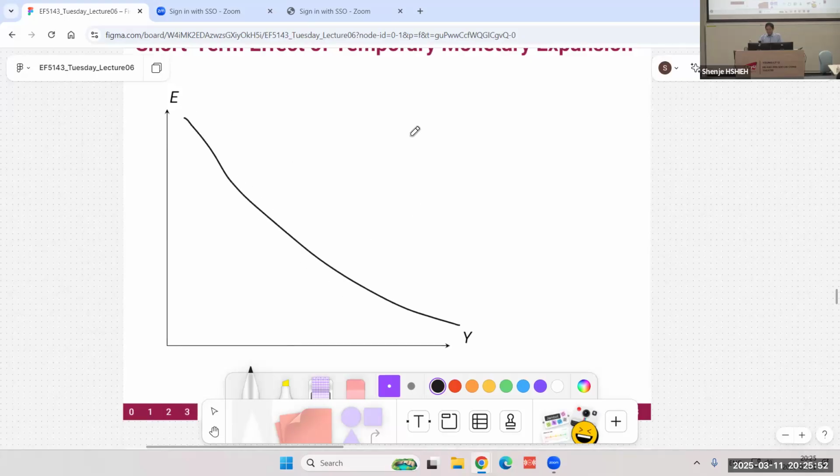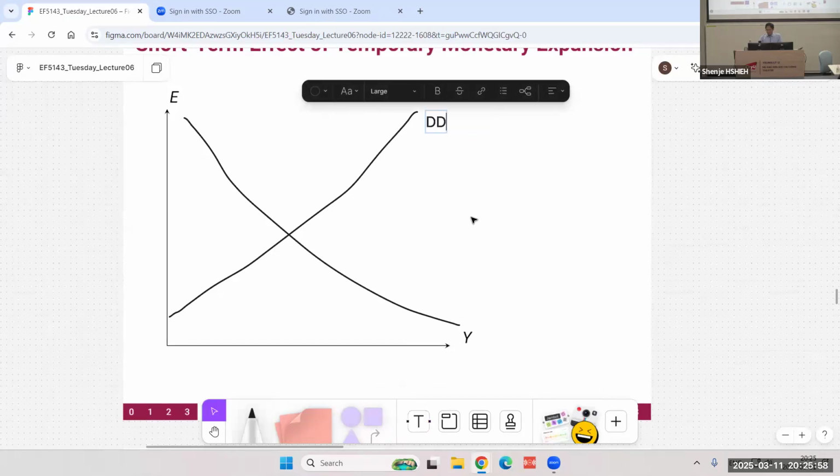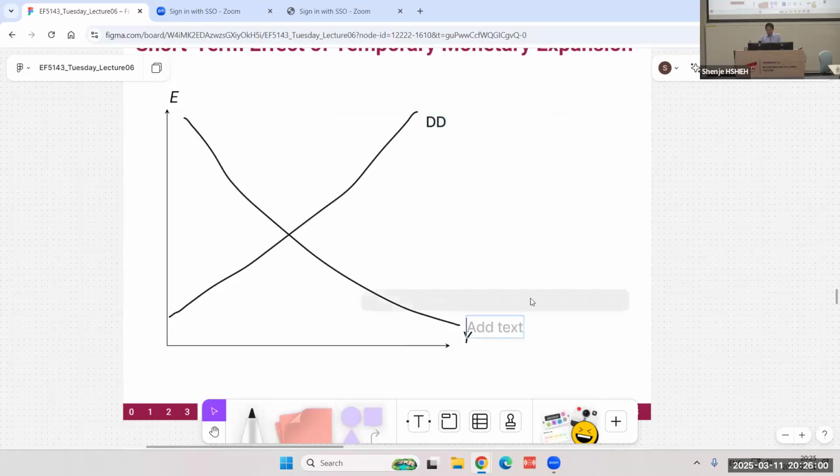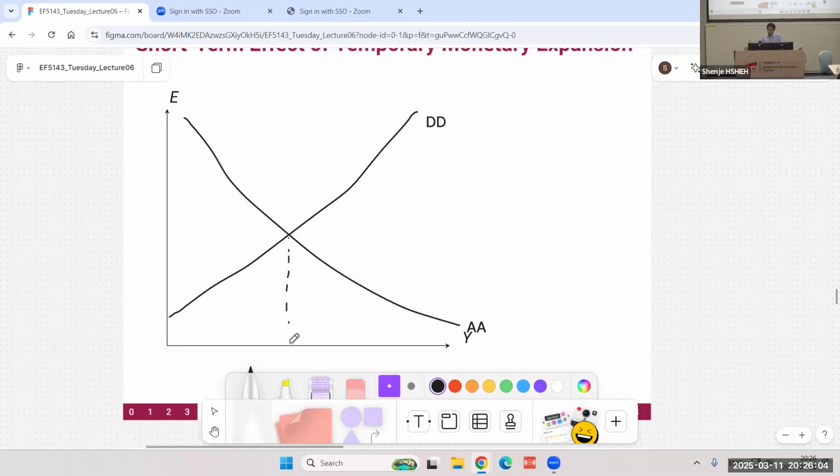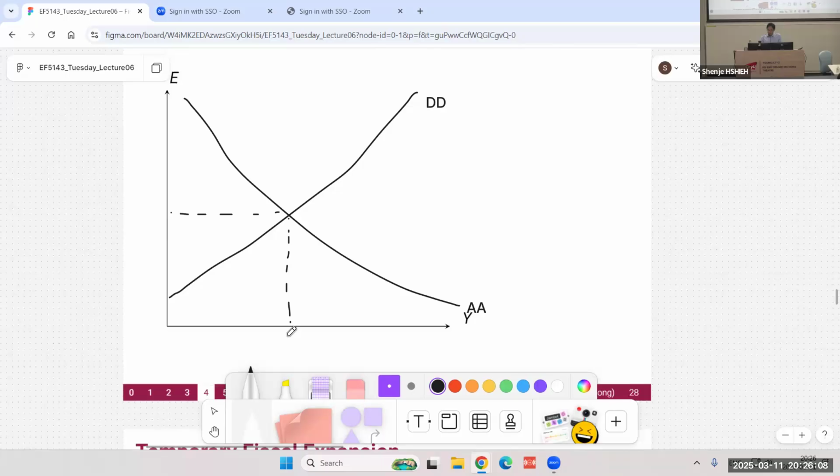Let's begin our analysis, just like the stuff in the midterm. We have a starting point, equilibrium point. This is Y naught. This is E naught.